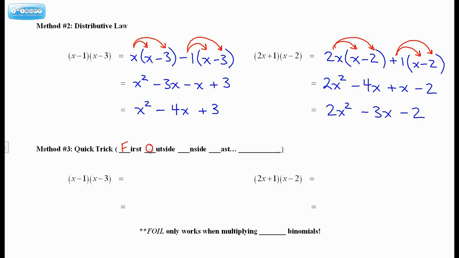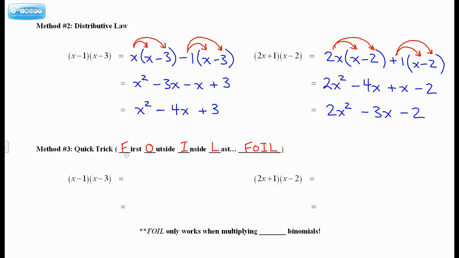O. O stands for outside. I stands for inside. And L stands for last. So first, outside, inside, last. So it spells us FOIL. Okay. So if you can remember the word FOIL, that will tell you what to do.